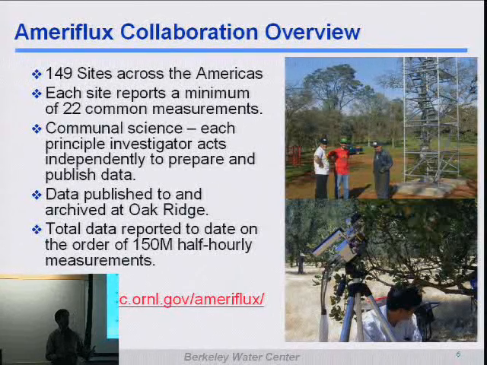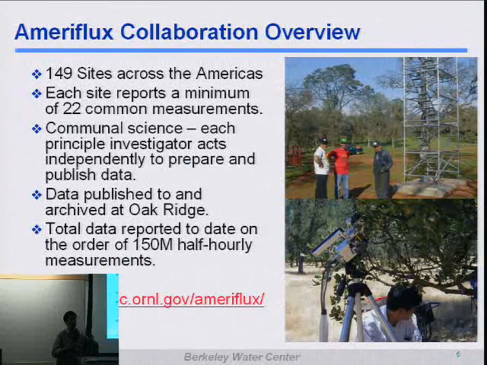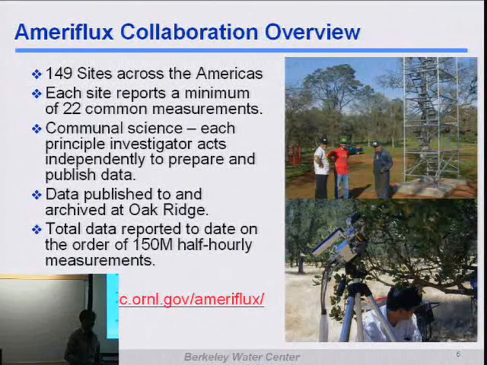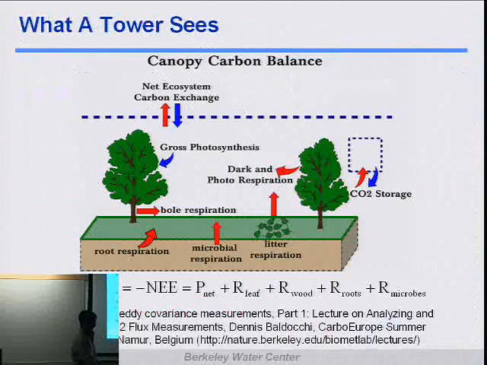So starting with about 1995, there start to be more and more sites. Really about 2000, you start to see a larger amount of sites and the network starting to ramp up. When Catherine shows you some of the data that she's got, you'll actually see that directly in the data. So there's the website if you're curious more about Ameriflux.